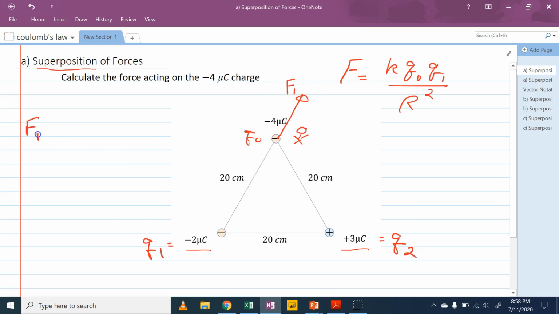And then we have F1 is K Q1 Q0 over the distance squared. Now notice I changed centimeters to meters. I didn't yet change microcoulombs to coulombs, but we will have to do that. Micro is 10 to the minus 6.